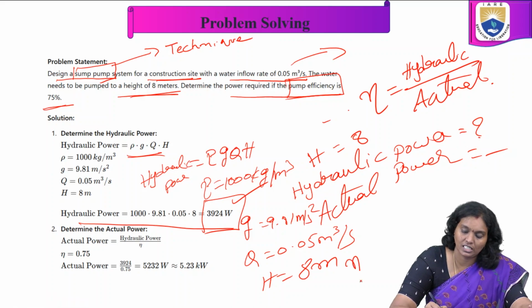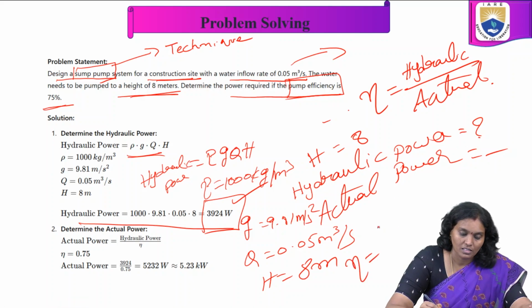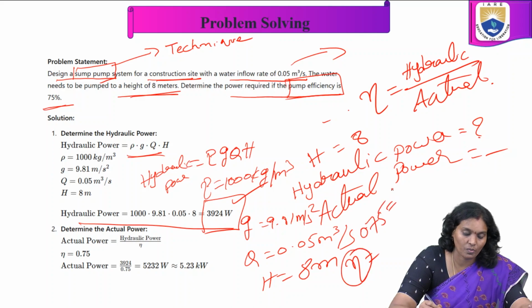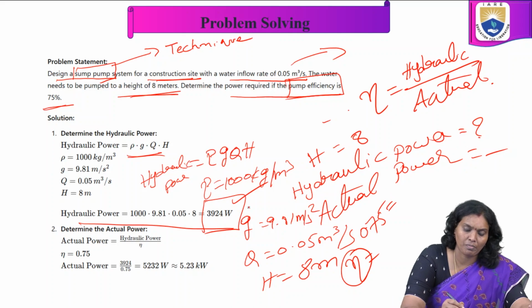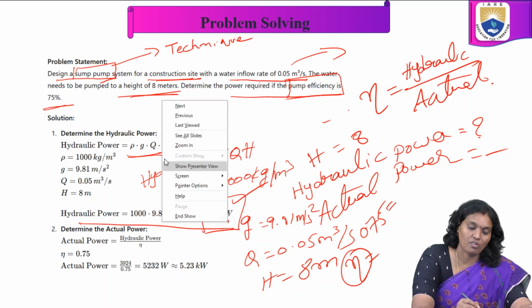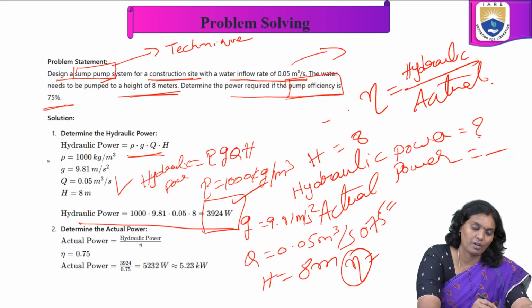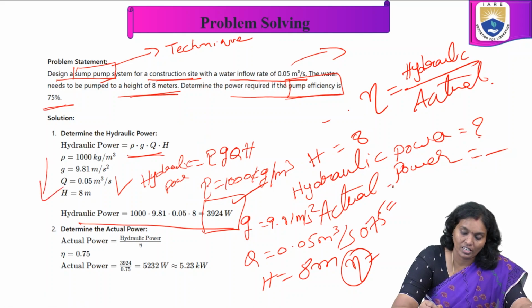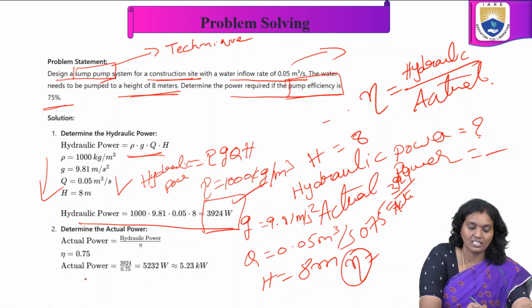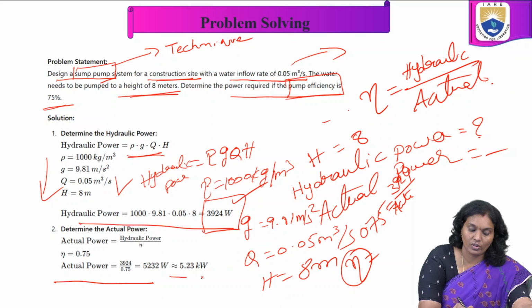So 0.75 is equal to the hydraulic power, which we already derived from the given data, 3924 watts, divided by the actual power. So now we require this actual power and we do the calculation.